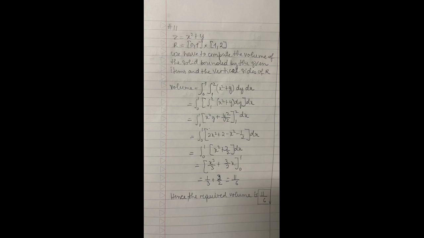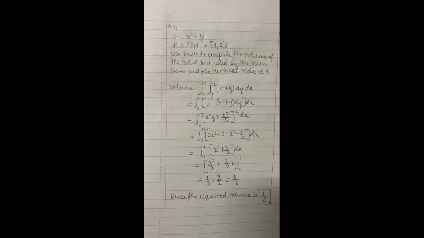I changed my question. I'm going to present something similar to what has been presented right before me. So this is 5.2, number 11. We want to compute the volume of the solid bounded by the graph z equals x squared plus y, the rectangle [0,1] times [1,2], and the vertical sides.